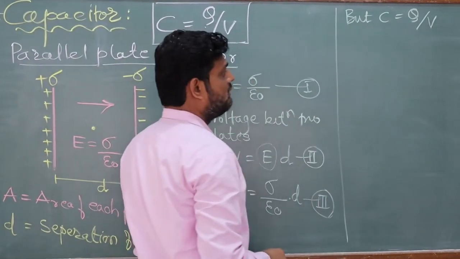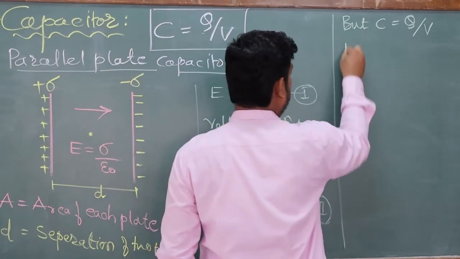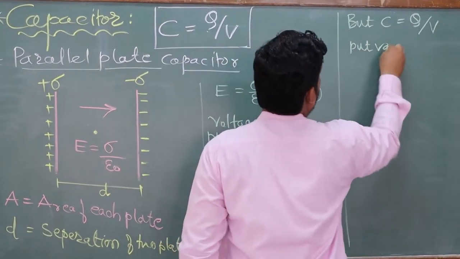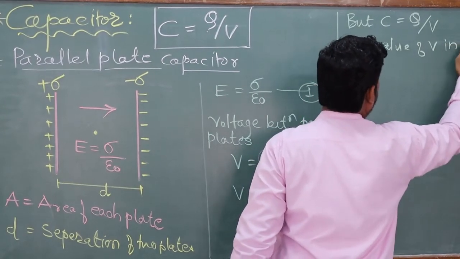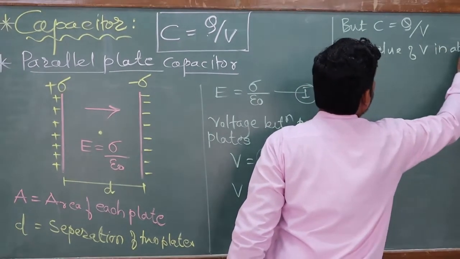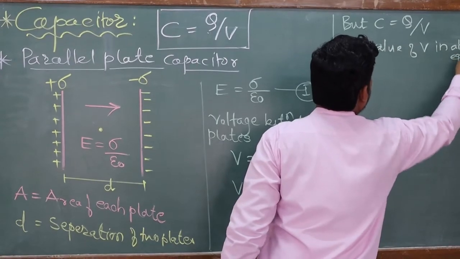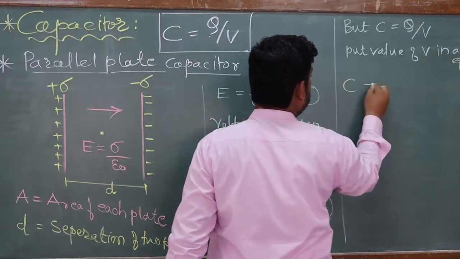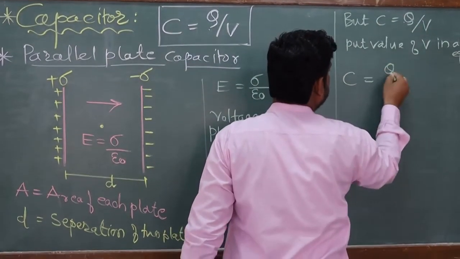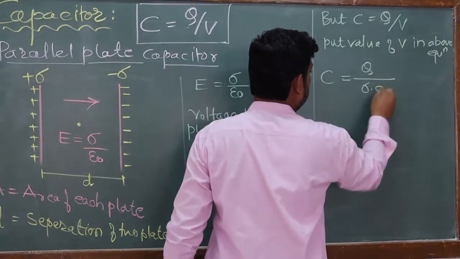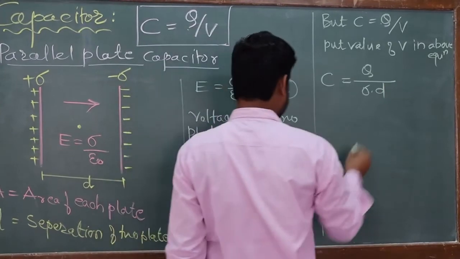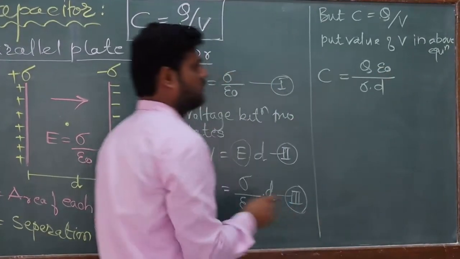Now, from the definition of capacitance, C equal to Q by V. So putting the value of V in the above equation, what can we calculate? C remains as it is, Q remains as it is. Instead of V, we will put sigma d divided by epsilon 0.